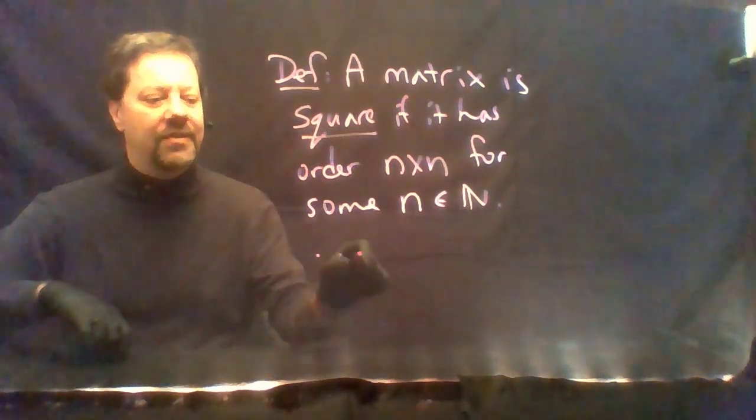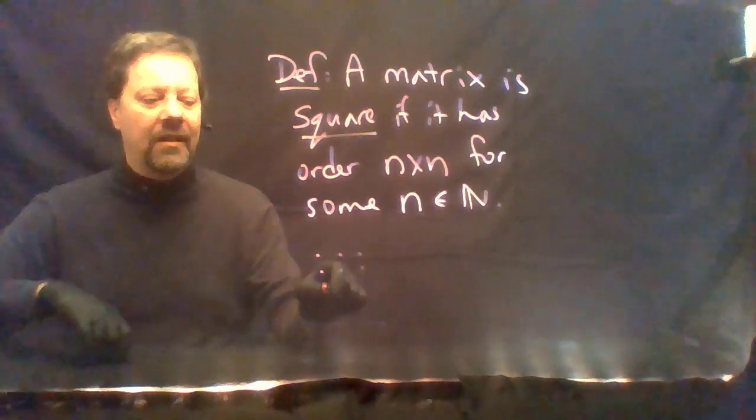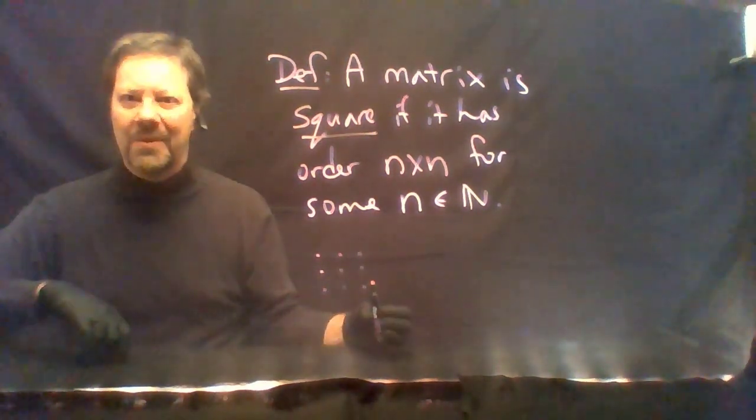So a square matrix, if it has 3 columns, it must also have 3 rows.